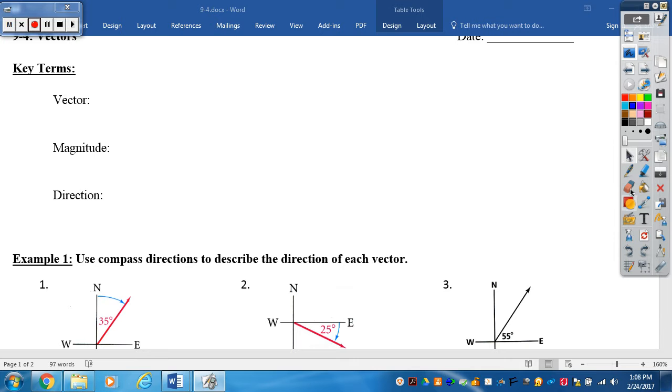So if I go ahead and write out a vector, here's what we're looking at. Direction, sorry, I'm in direction. It's going to be x degrees something of something else. Okay, north of east, south of east, east of south, west of north. It can be any of those. But this first blank is actually going to be the direction you are heading.